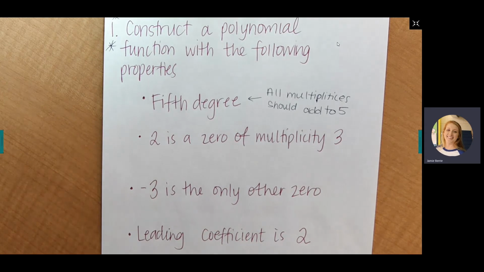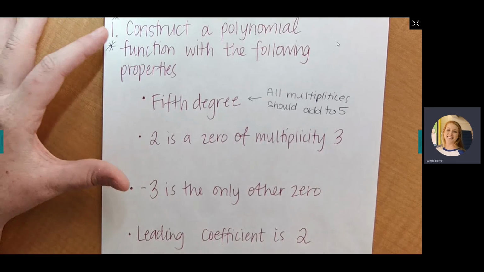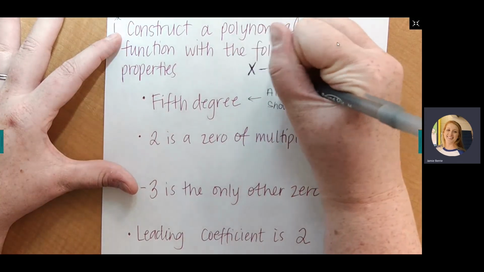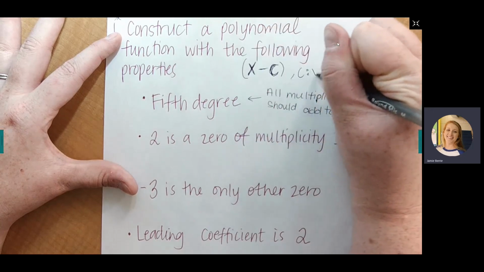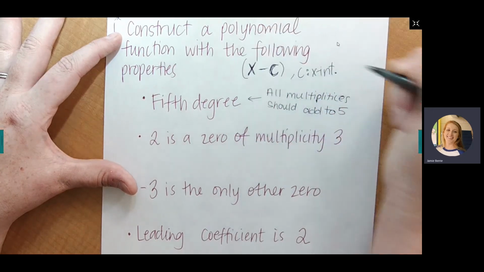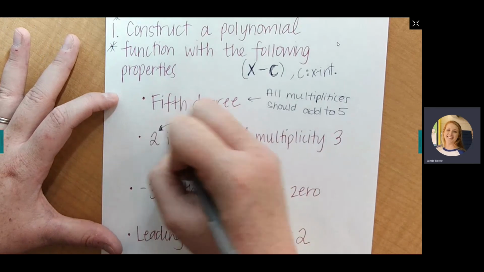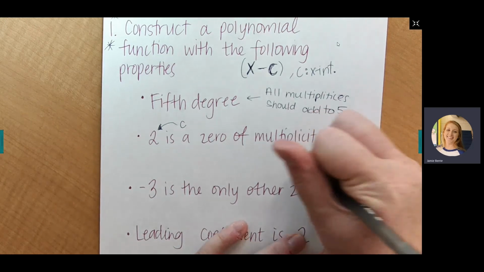Positive 2 is a 0 of multiplicity 3. We're going to use the linear factors theorem for this. That tells us our factors have the form x minus c, where c is the x-intercept, or the 0. So 2 is going to be our value for c. Multiplicity is 3.